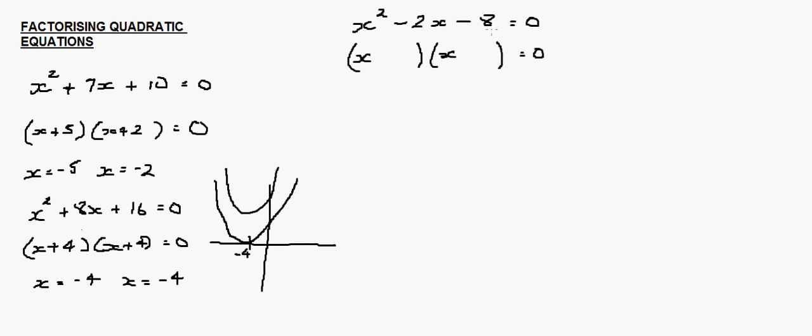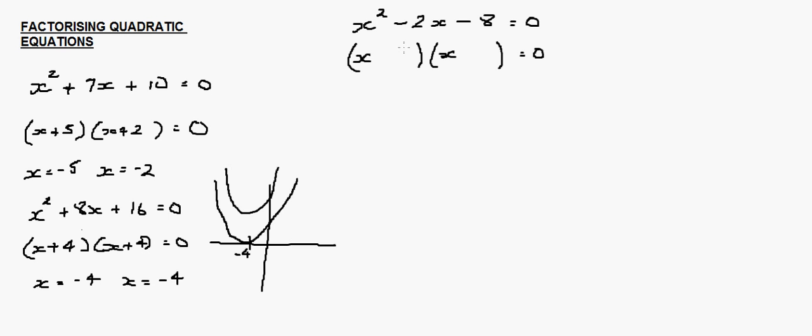Now 8 times 1 will give me 8, and that won't give me minus 2. Now 4 times 2 will give me 8, and 4 minus 2 will give me 2. I'm not interested in the minus at the moment. All I'm interested in is the fact that 4 minus 2 will give me 2.